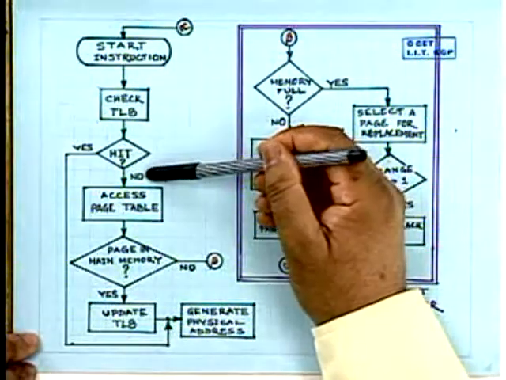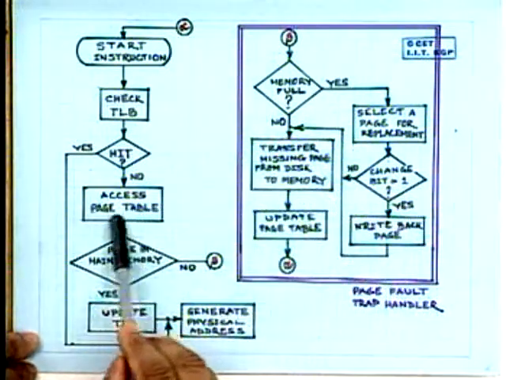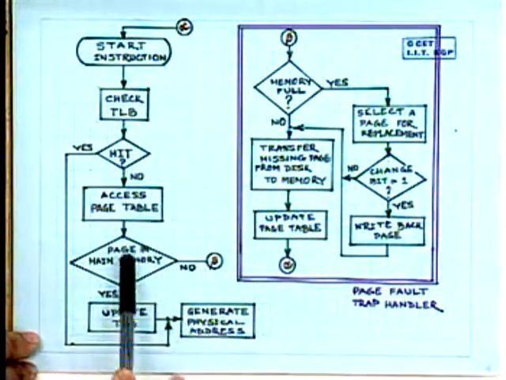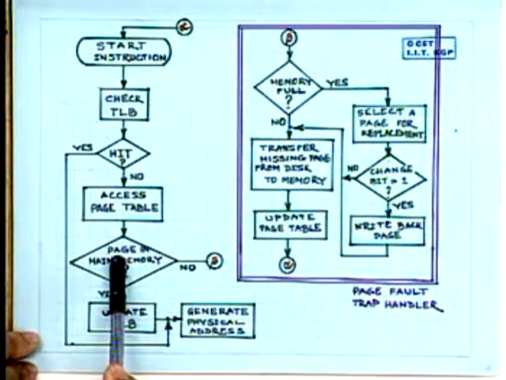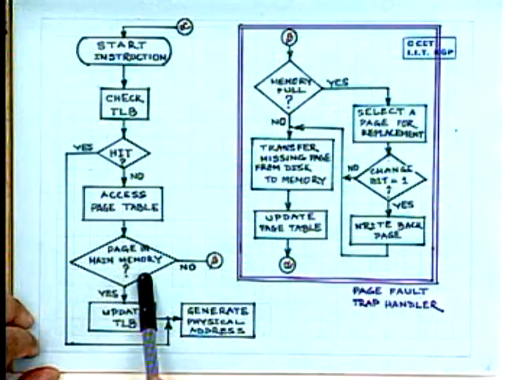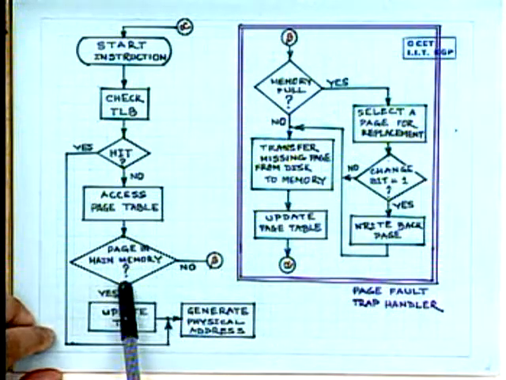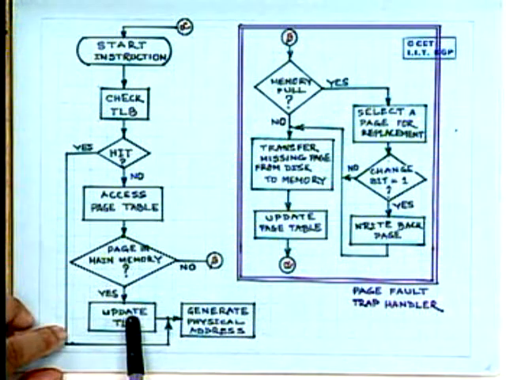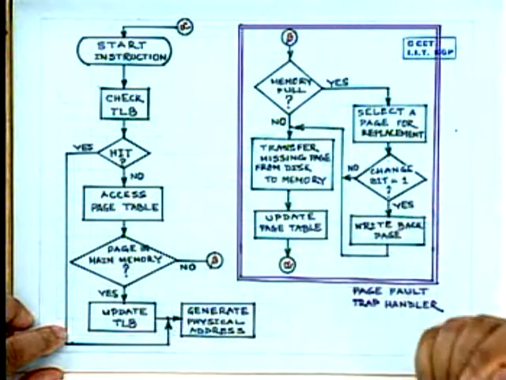If it's not a hit, then the page table is accessed. Then it is checked whether the page is in main memory or not, because now I'm talking about virtual memory: that particular page may or may not be in memory, and that is shown by the valid bit. If the page is in main memory, it's quite okay, then we update the TLB, generate the physical address, and go ahead.